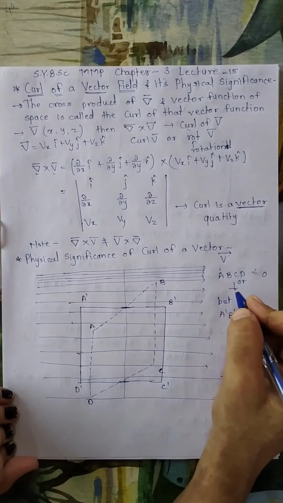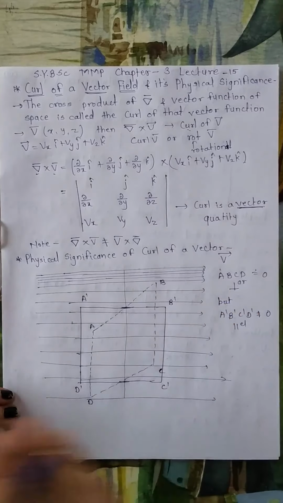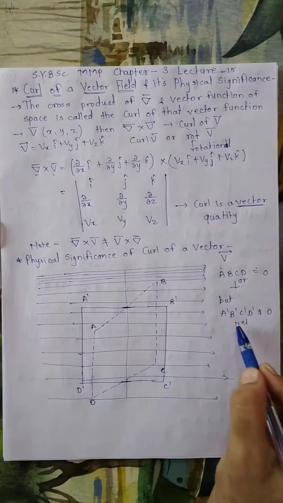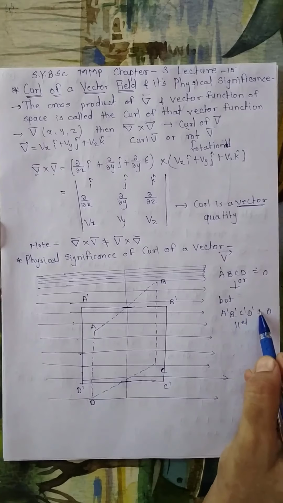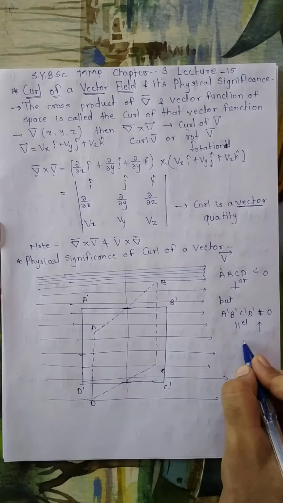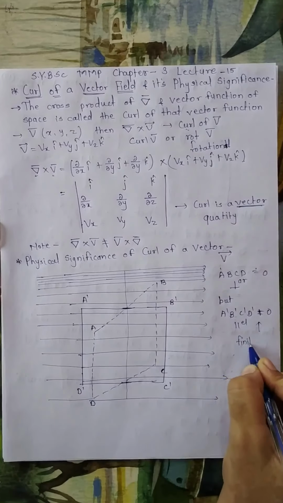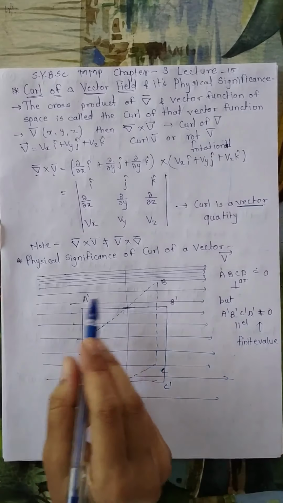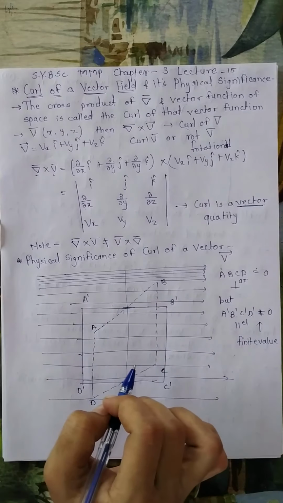So this is the picture that we are going to consider. If for this A dash, B dash, C dash, D dash our line integral is not equal to 0, this means it will have some finite value. So the line integral will have some finite value for our second rectangle.